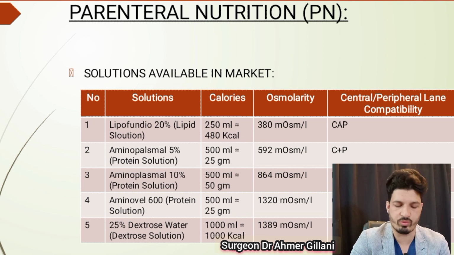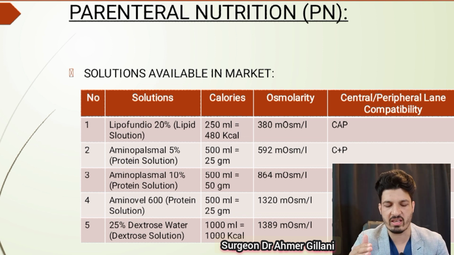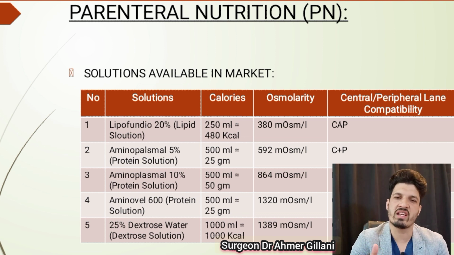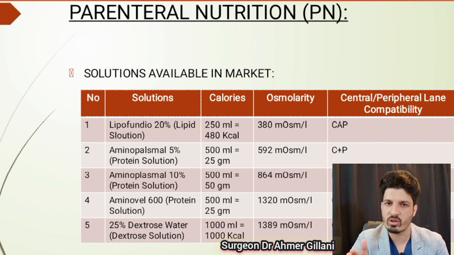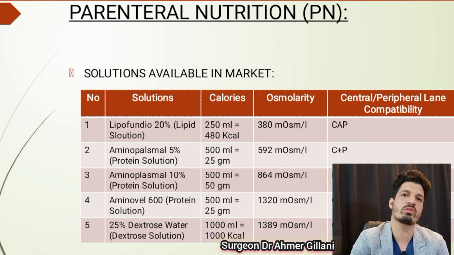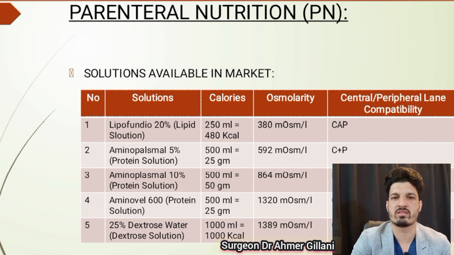It will provide you 480 kilocalories, and its osmolarity is 380 milliosmol per liter, and you can give this regimen by the central as well as the peripheral route. So it's very important: when the osmolarity is high, you will use the central route preferably. If the osmolarity is low, you can use the peripheral lines.